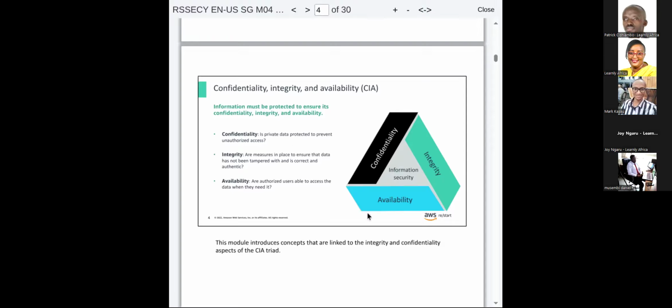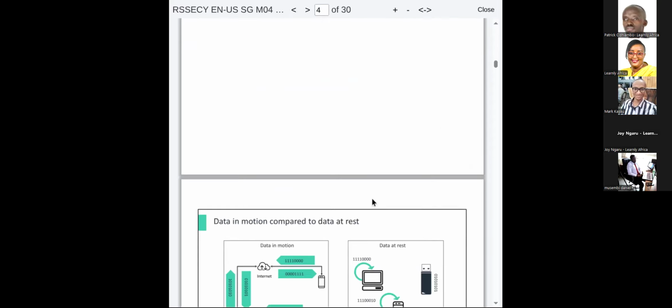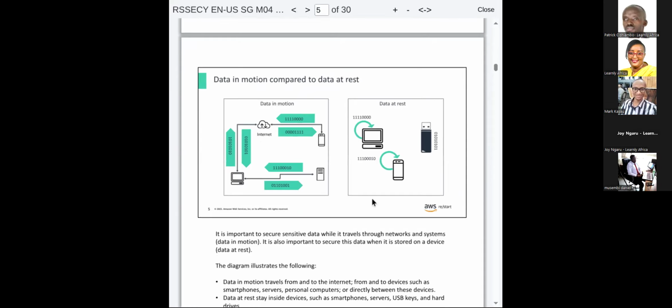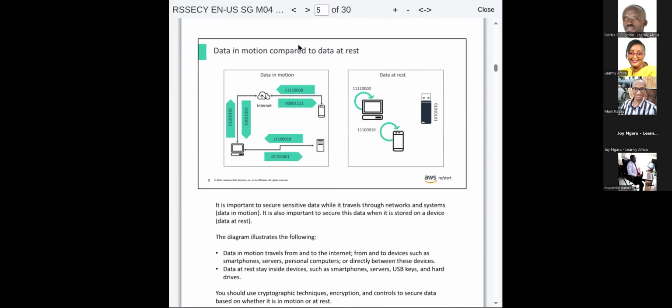Availability means that when data or a resource is needed, it is there for those who are authorized. And remember, yesterday we touched on protecting our data both at rest and in motion. At rest is when data is in storage. In motion is when it is being transmitted from one host to another.